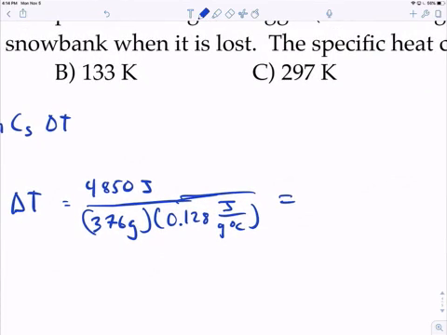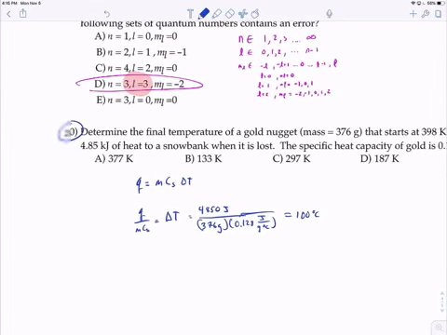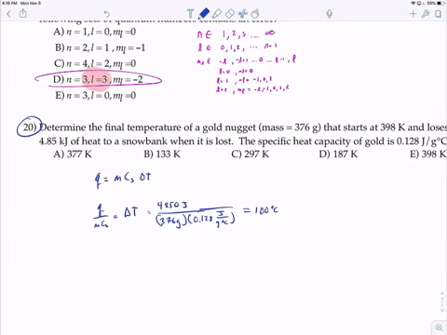So 8450 divided by 376 divided by 0.128, and this is 100.7 degrees Celsius.